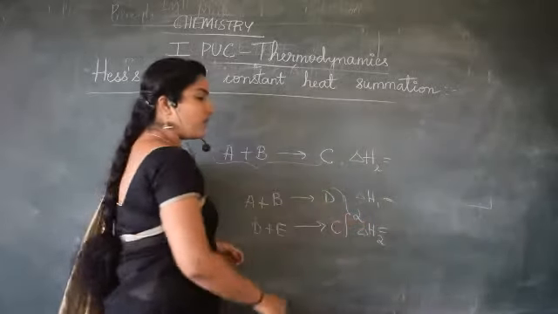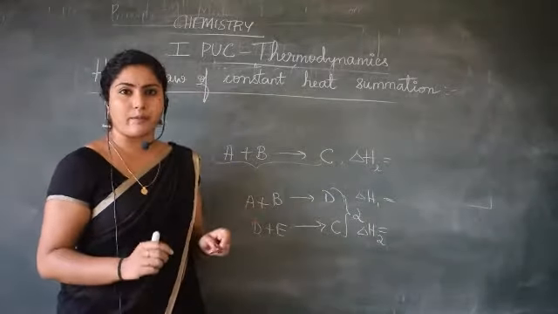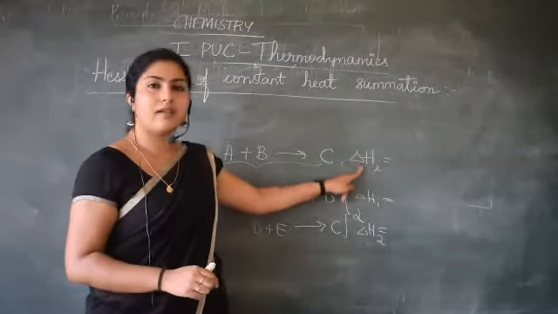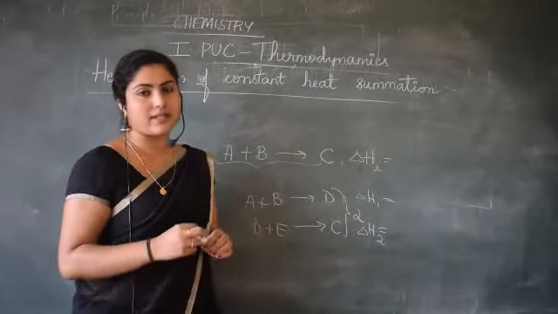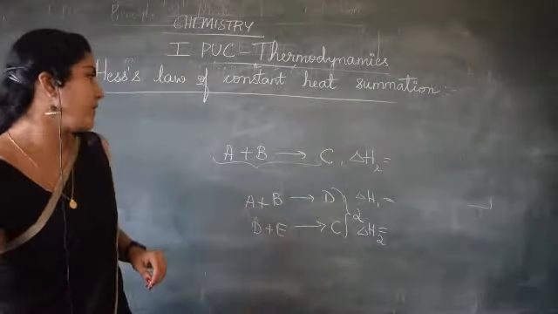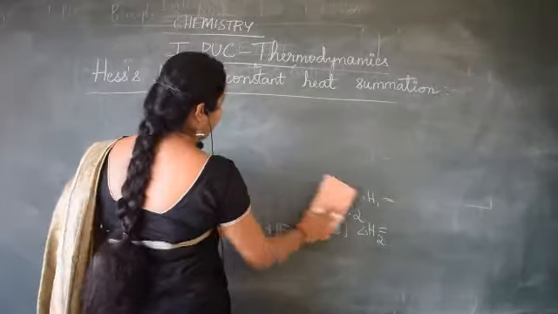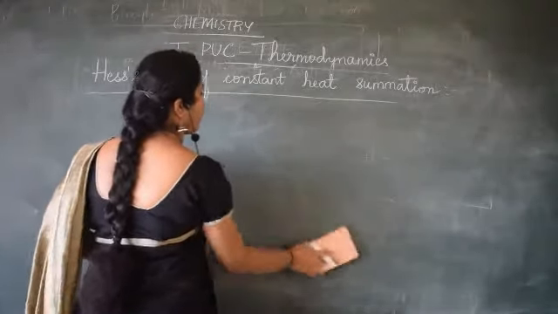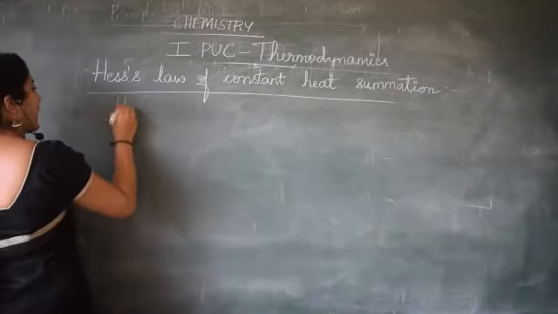These two reactions will have enthalpy values that you have to add if you want to get the standard enthalpy of the reaction. This is the rule which Hess stated. Hess was a person who stated the law and hence it is called Hess law of constant heat summation.